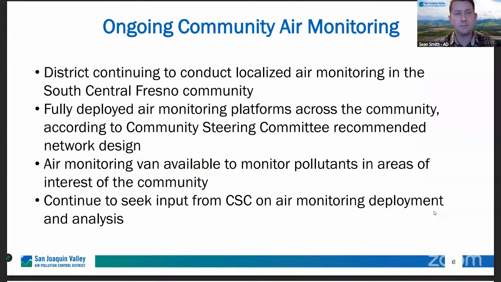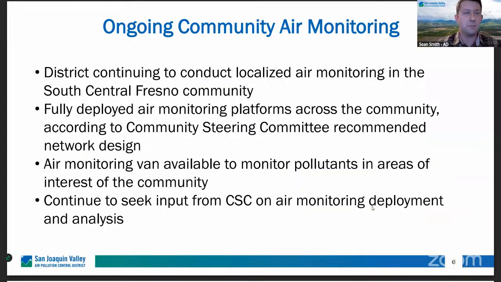Slide, please. So we have ongoing community air monitoring. We've completely implemented all the sites for the Fresno community and have put out all the monitors that we were planning to put out for the South Central Fresno community, and we fully deployed that network. We have also, at the request of the community, monitored with that mobile air quality monitoring van.